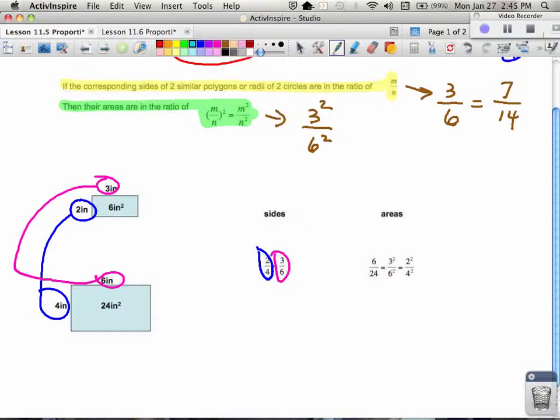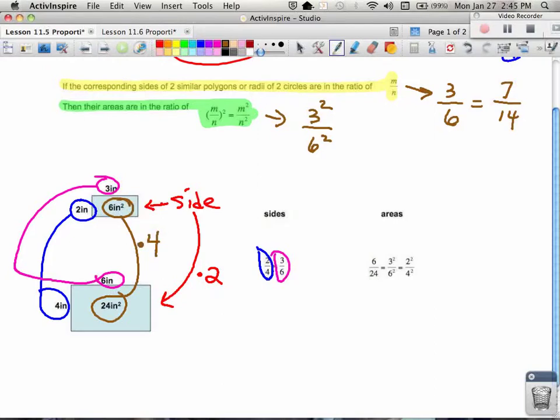But look at what happened. When I look at going from the side in this first rectangle to the side in the second rectangle, I'm doubling that information. But look at what happens when we check out the areas. So now if I look at the area from the first figure to the area of the second figure, I've multiplied by 4, not by 2.